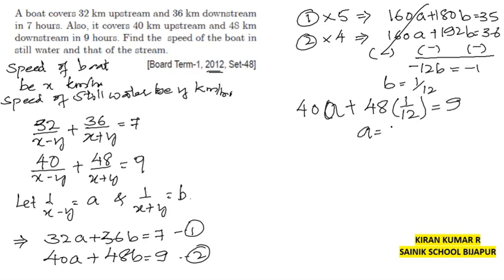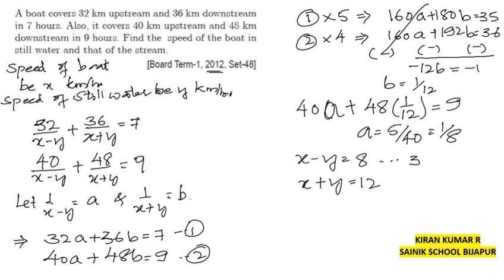So a will be equal to 5 by 40, nothing but 1 upon 8. Now you will consider the reciprocals. 1 by x minus y is a, so x minus y will become 8. 1 by x plus y is b, so x plus y will become 12.